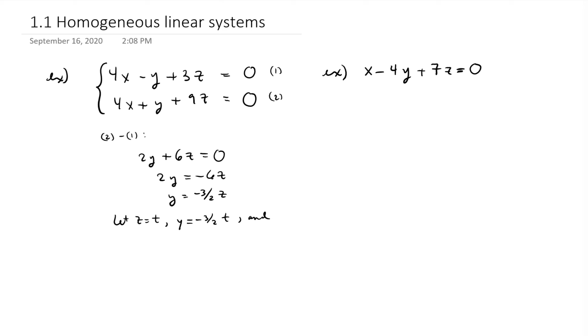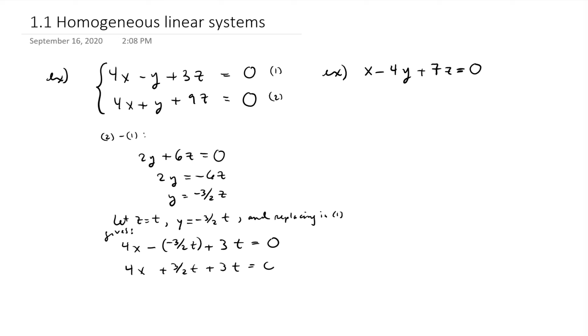I can also solve for x, replacing in equation 1. Equation 1 gives 4x minus y plus 3z equal to 0. So 4x plus 3/2 of t plus 3t is 0. Okay, small problem.